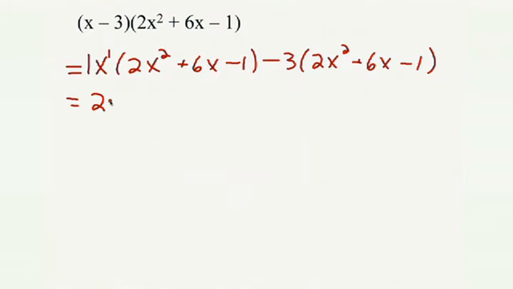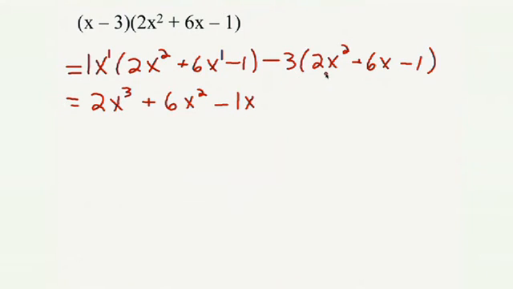X to the first power times x squared is x to the 1 plus 2 power. 1 times positive 6 is positive 6. X to the first times x to the first is x squared. 1x times negative 1 is minus 1x.